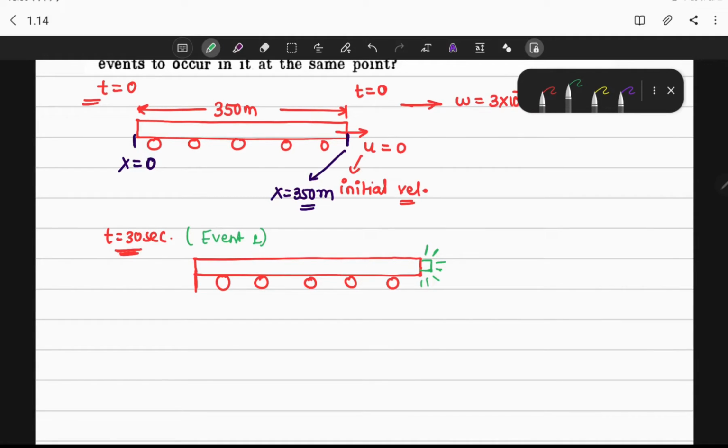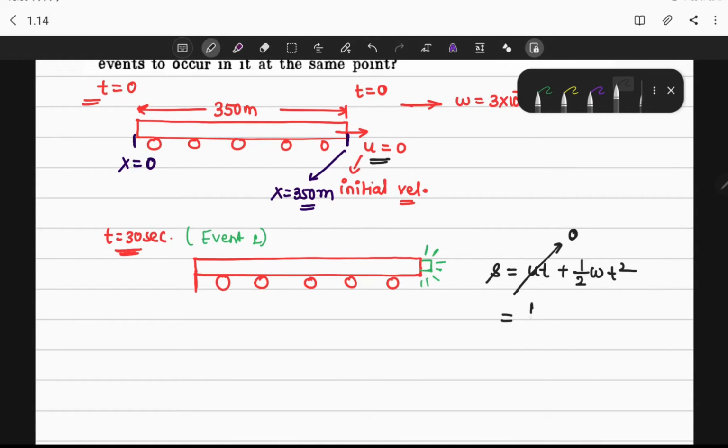Now if we want to find the distance the train has traveled, we can find it from the equation of motion. We can write s equal to ut plus half w t square. Here w is the acceleration and u will be 0 because the initial velocity is 0.